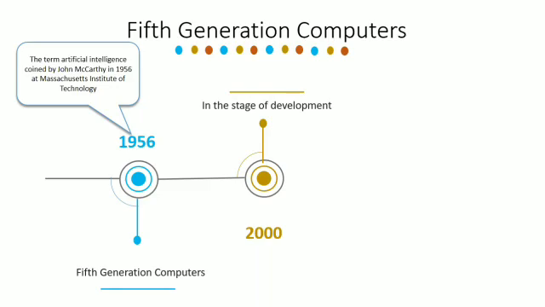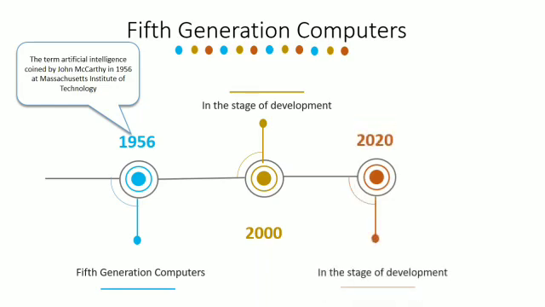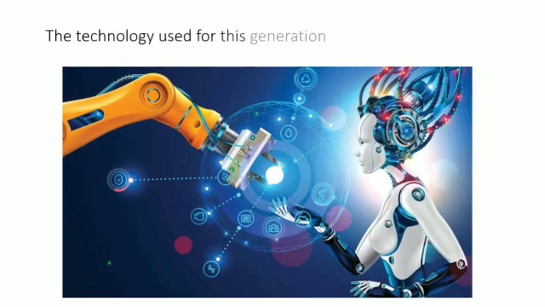They are still in the stage of development. The technology used for this generation is artificial intelligence. Artificial means non-real, things which are not real are called artificial. Computers are not intelligent, they are machines. So in fifth generation computers, the technology used is artificial intelligence.